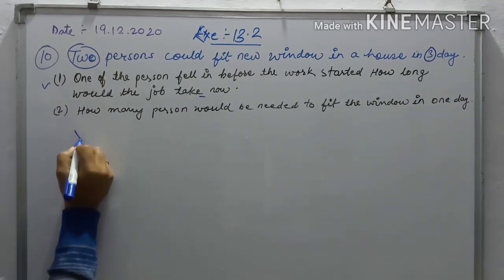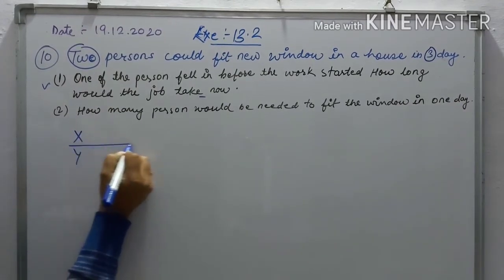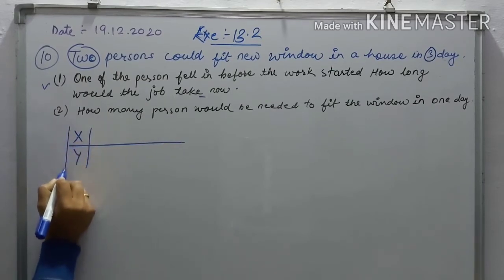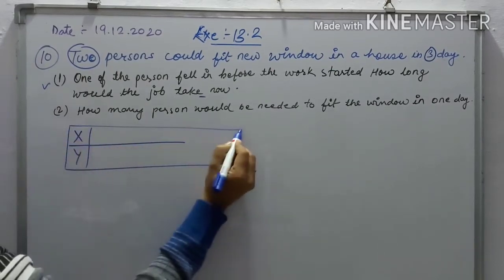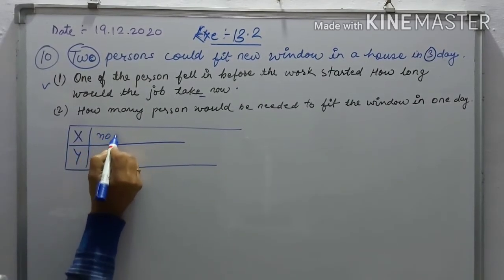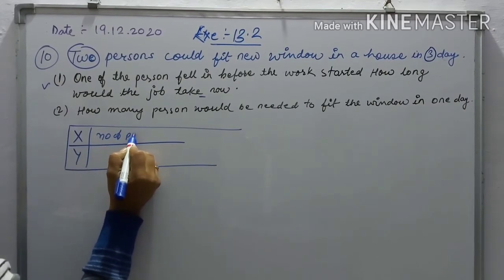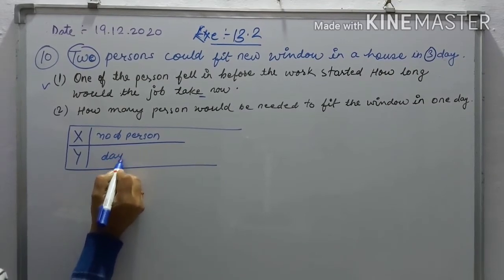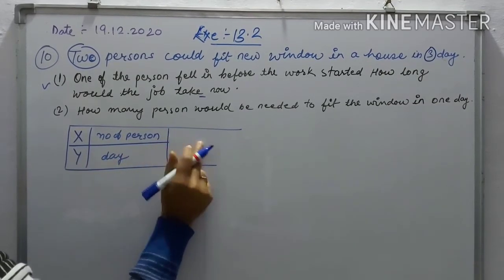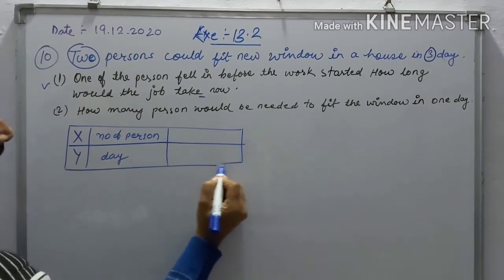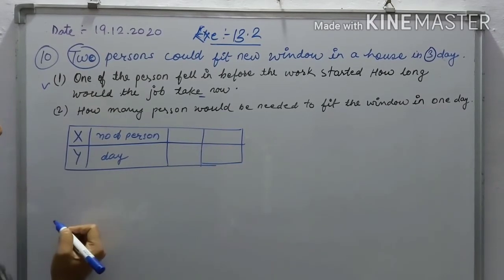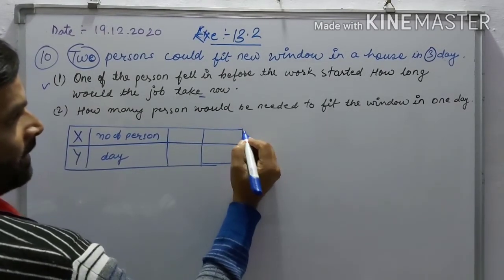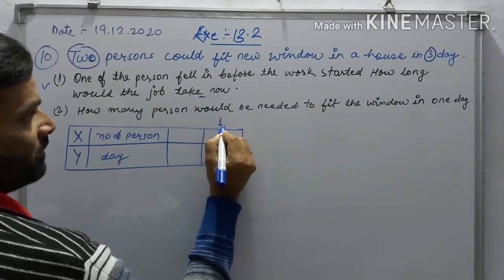So the value of x and y, number of persons and days, okay, the number of persons and days in the first table, and this is the first question.